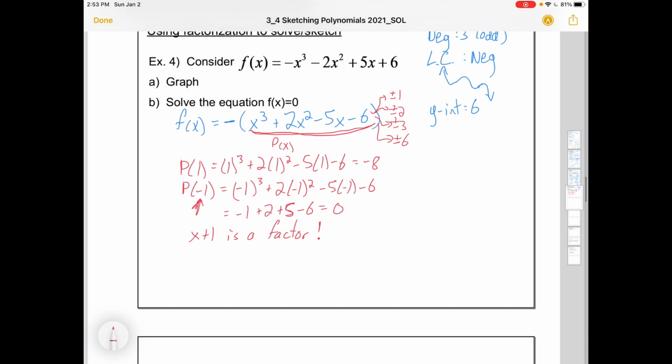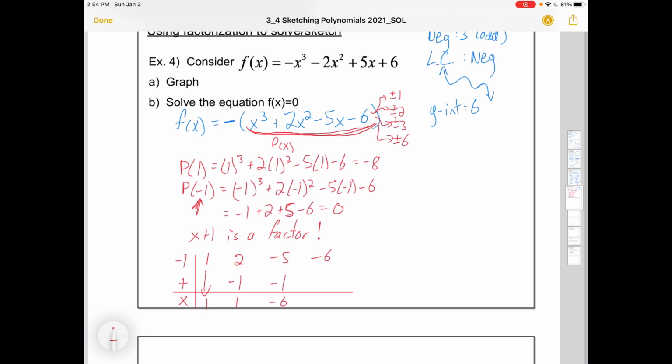Once we find that factor, we want to do our division. So again, we talked about this before the break. You can do it long division or synthetic. I think most people are going to choose synthetic. And I'm just using, again, this polynomial that's on the inside. So I have 1, 2, negative 5, and negative 6. I pull that 1 down, I multiply, and add them up.